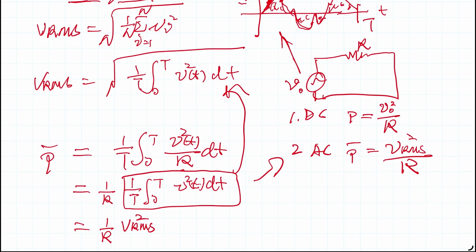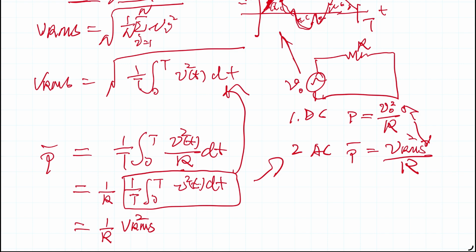The RMS value for an AC wave means it will produce the same kind of power as the same value of DC voltage. You can look at the formula, it's the same.